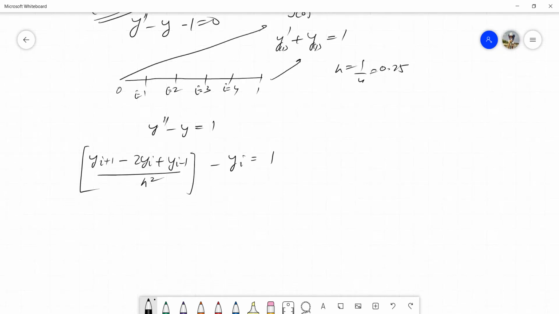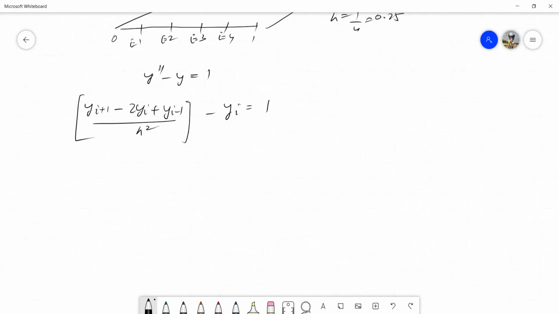Rearranging, clear. Now we have the boundary conditions.